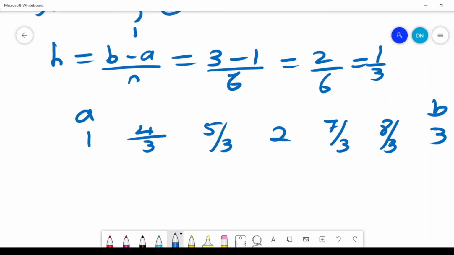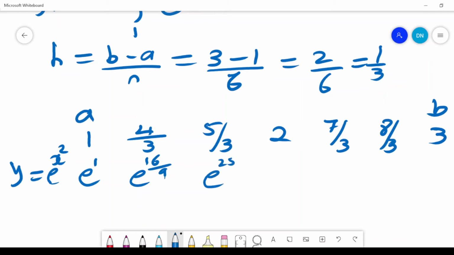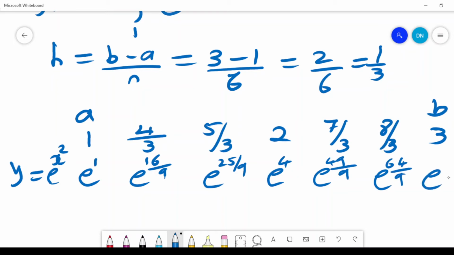And then we have our y. y equals e to the x squared. So this is e raised to power 1, e raised to power 16 over 9, e raised to power 25 over 9, e raised to power 4, e raised to power 49 over 9, e raised to power 64 over 9, and e raised to power 9, because it is x squared.